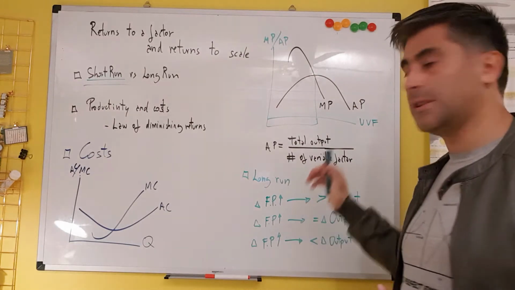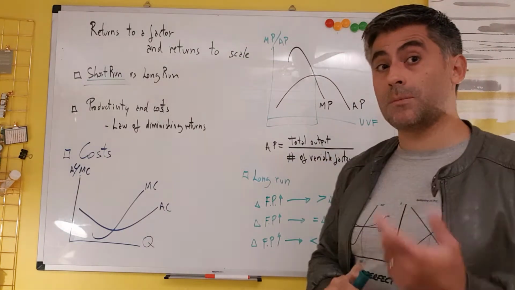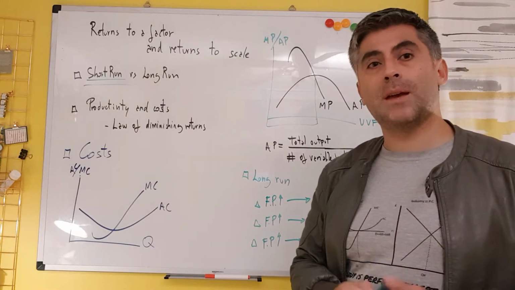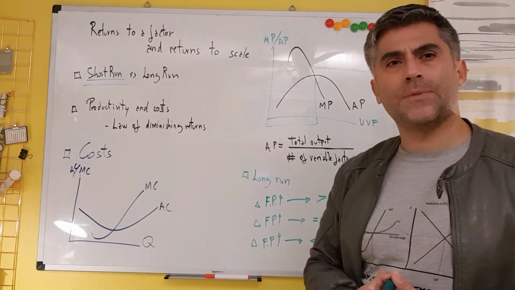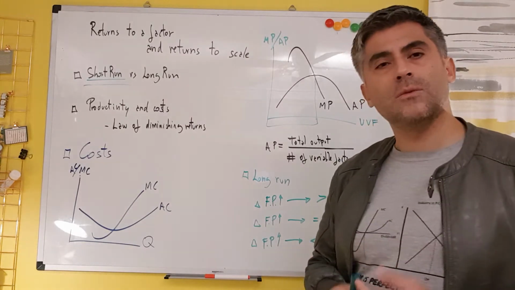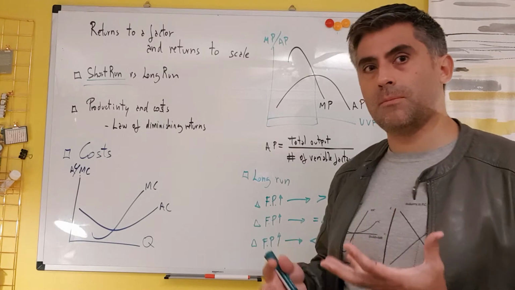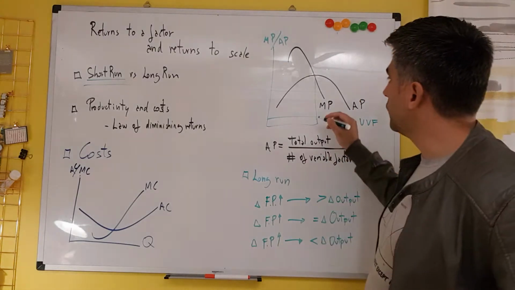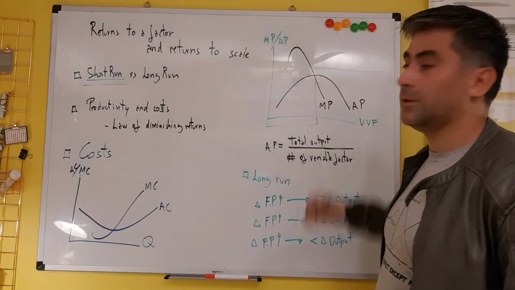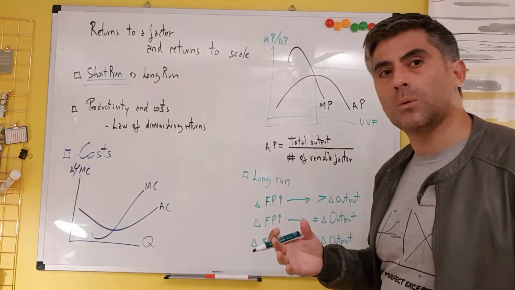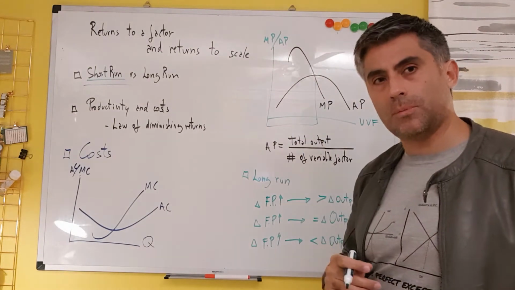Here the assumption is that the employees are getting paid a fixed wage. So if you're getting paid a fixed wage, then you want to make the most out of the people you're employing. So you'll make the most until the extra output equals the average output per employee.